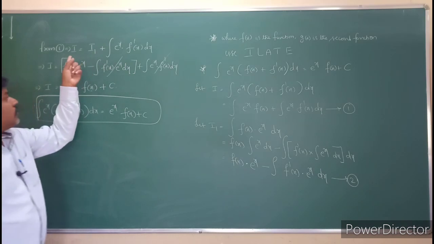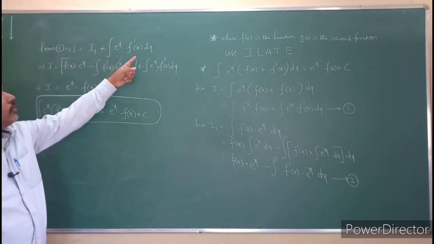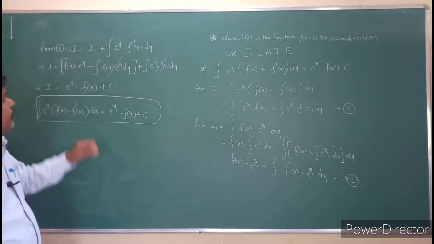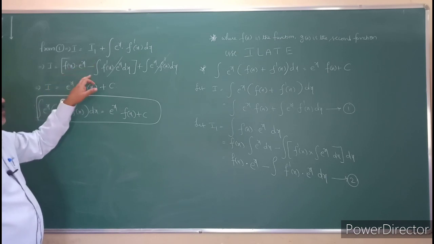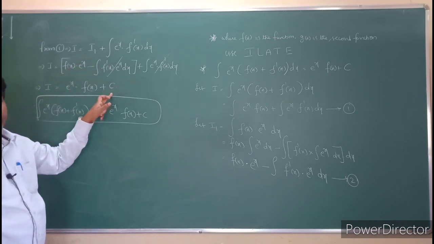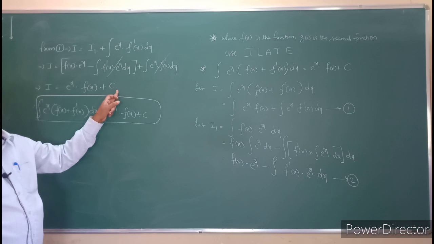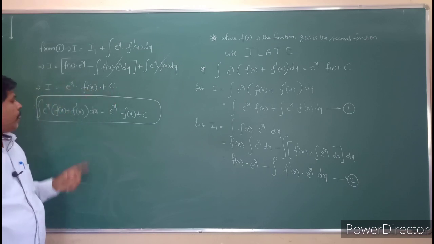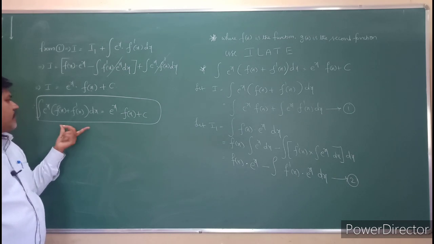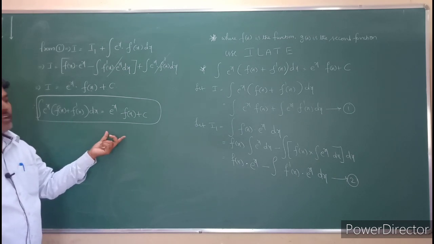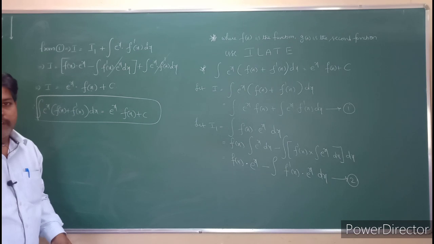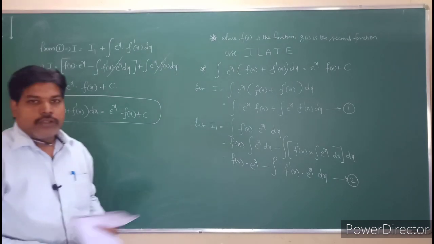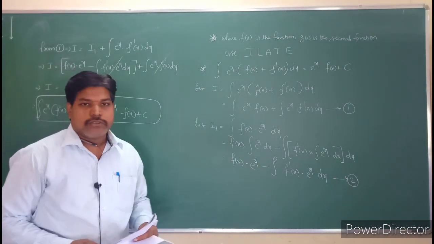So I1 is equal to I1 plus e power x into f dash of x into dx. Replace that and cancel that value, and at the end you can add the integral constant. Okay. So I is equal to e power x into f of x plus c. So therefore the integral of e power x into f of x plus f dash of x into dx will become e power x into f of x plus c. Okay. So see that question, practice that question.